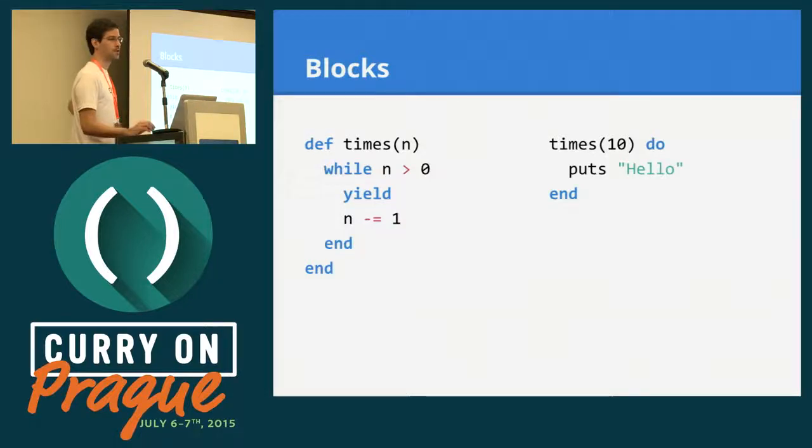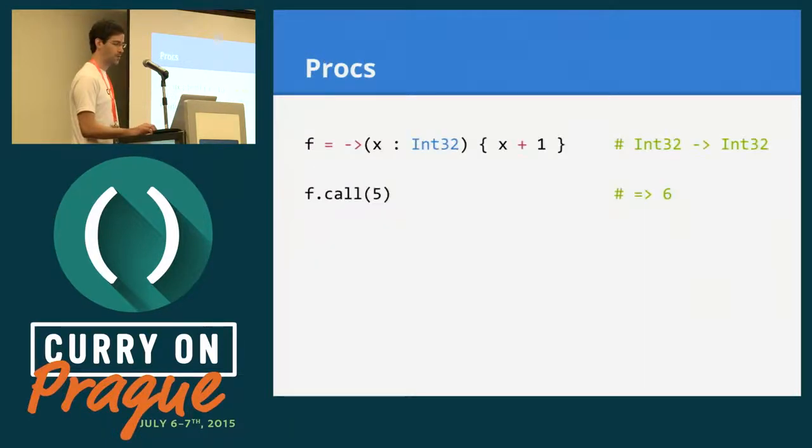The important thing here is that Crystal will always inline this kind of block. So if you write a while loop or write it like this with a block, the generated code will be the same. There's no performance penalty at all. You get to be expressive, but you don't sacrifice performance.